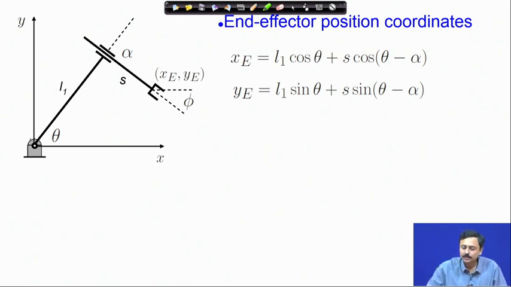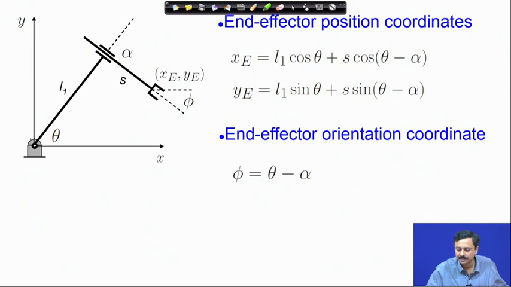We start with the forward displacement relations, the forward kinematics relations of the manipulator, which we have derived earlier, and this is the orientation coordinate of the end effector, where alpha is this angle.